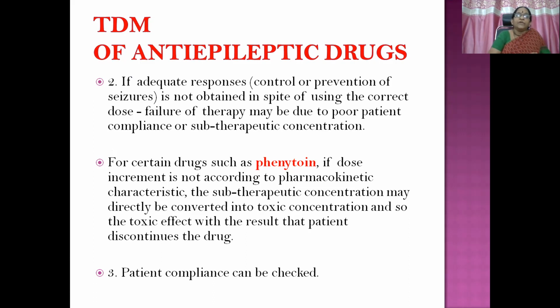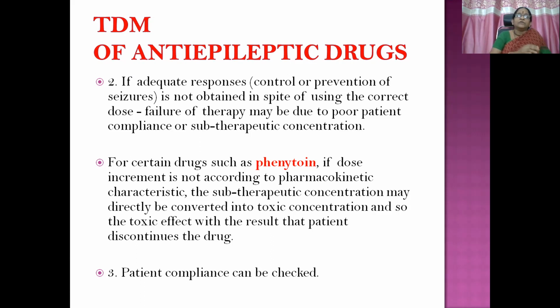Then, if an adequate response is not obtained in spite of using the correct dose, where is the problem? Number one, we have to rule out poor compliance, whether the patient is taking the medication or not, or whether a subtherapeutic concentration is achieved in the patient's body because of various factors which we have discussed in general pharmacology, factors modifying drug action.